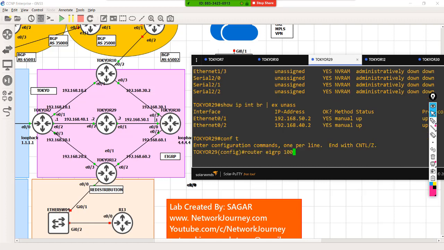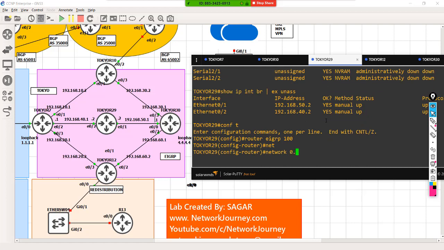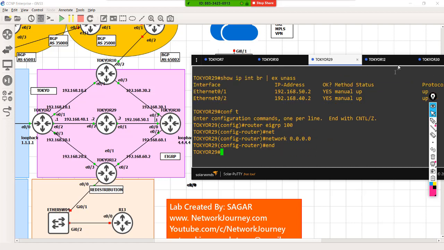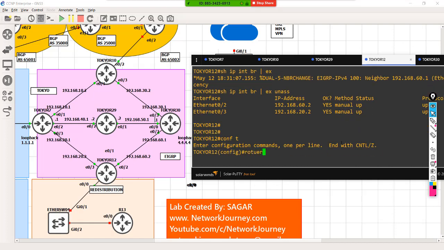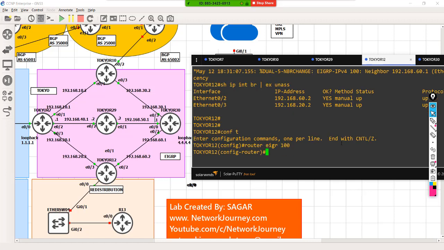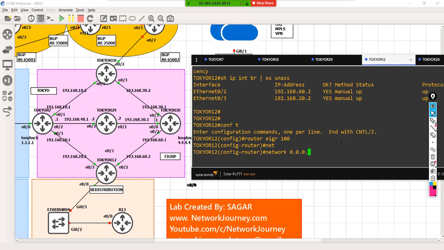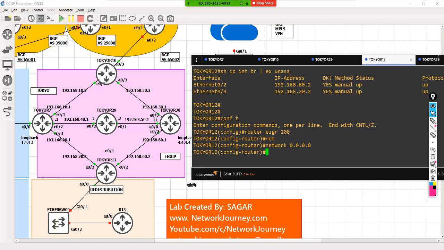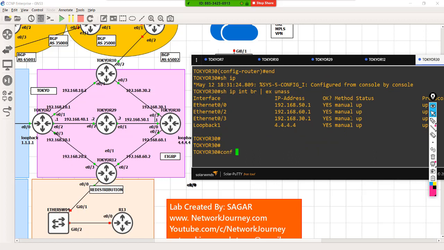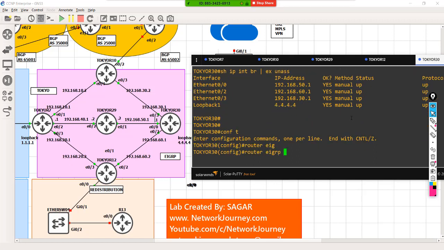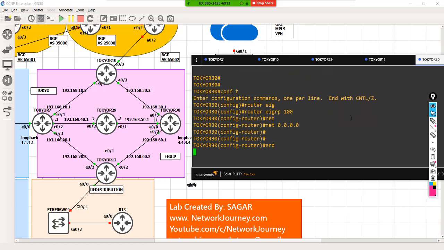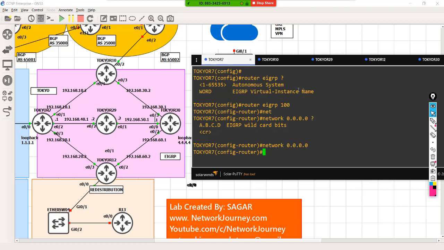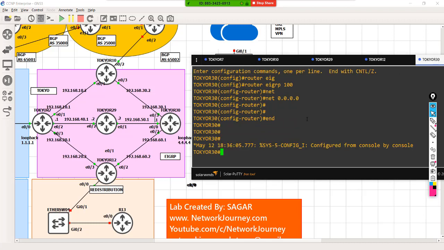Do the same on each router: router EIGRP 100, network 0.0.0.0. Okay, so what happens is we can see the neighborship coming up.